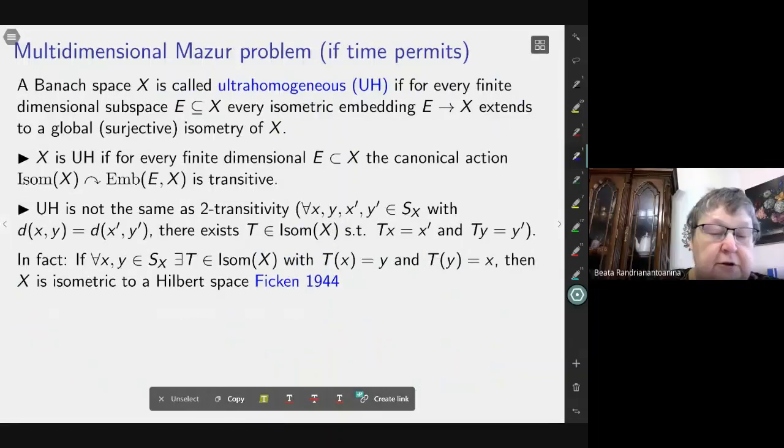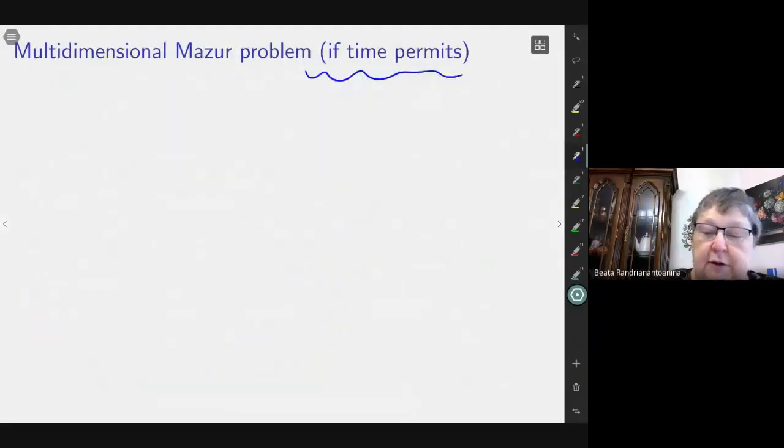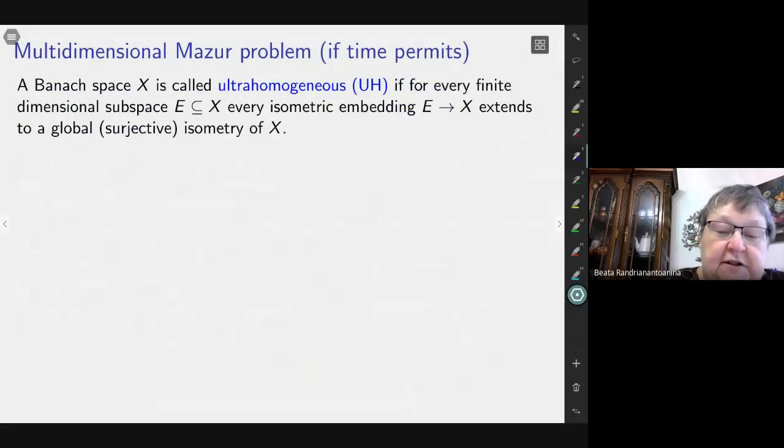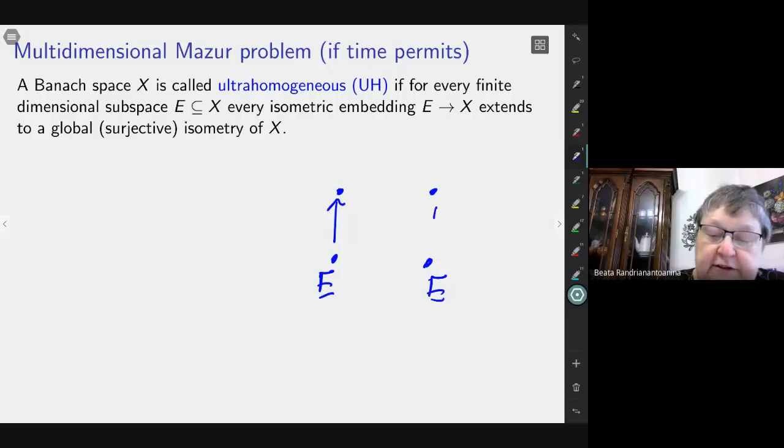Let me go back here a little bit so I have room to draw. You have those isometries, and so you have this E. You're absolutely right, this is that diagram that commutes. Yes, that's exactly what it is.